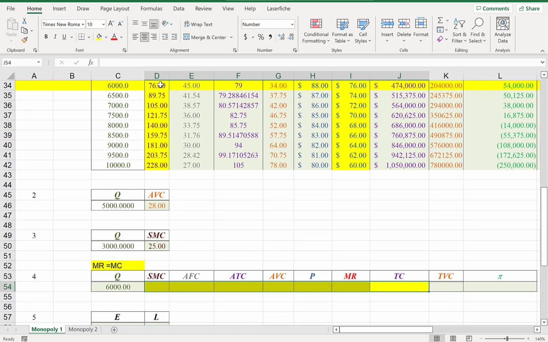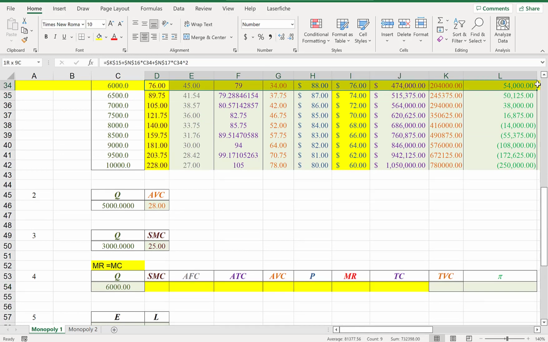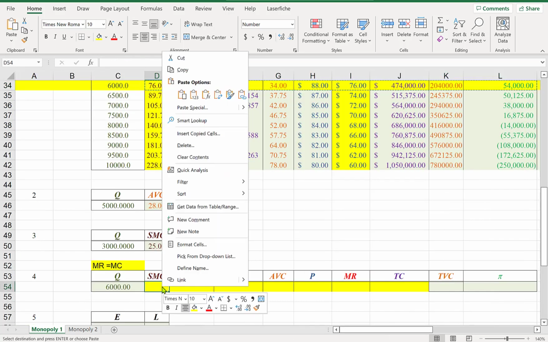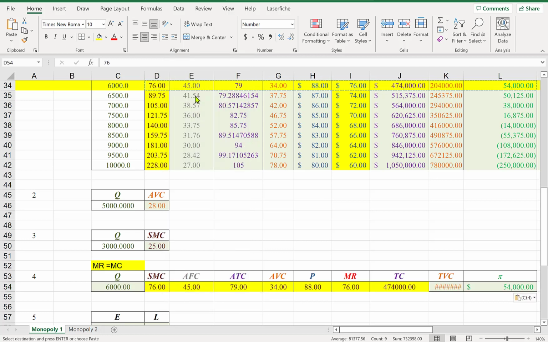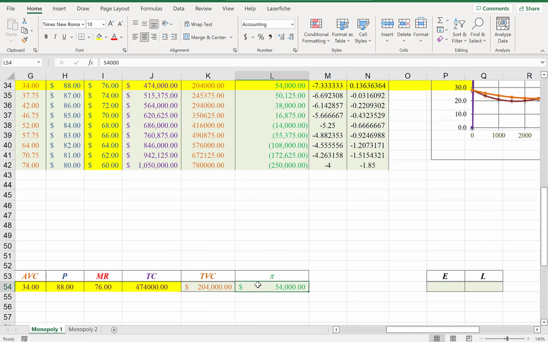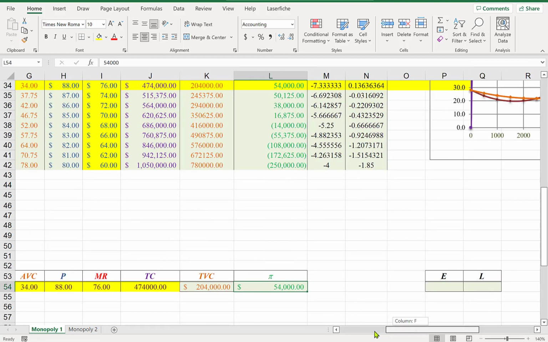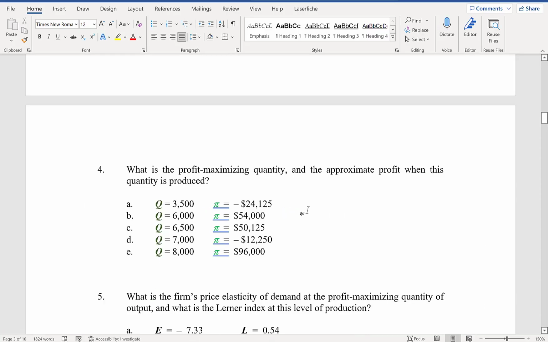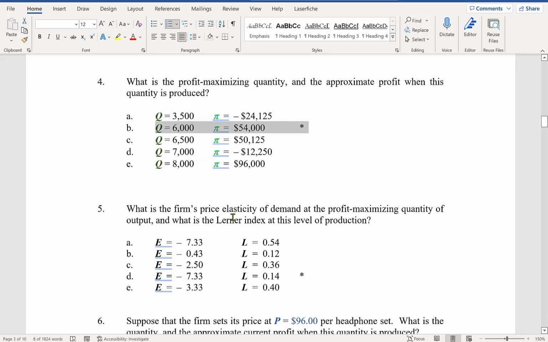I can simply copy the whole thing, including profit, and paste it as values. Let's enlarge this so we see the number. Your profit is $54,000 and you're supposed to produce 6,000 units. There you go. Okay, next question.